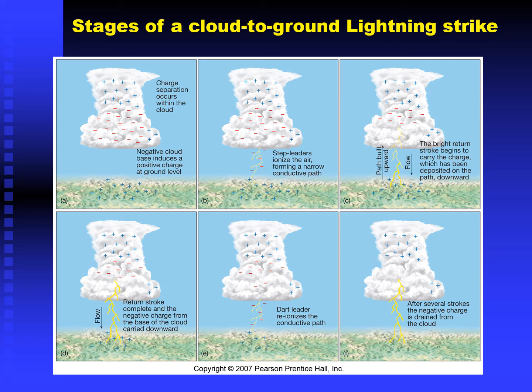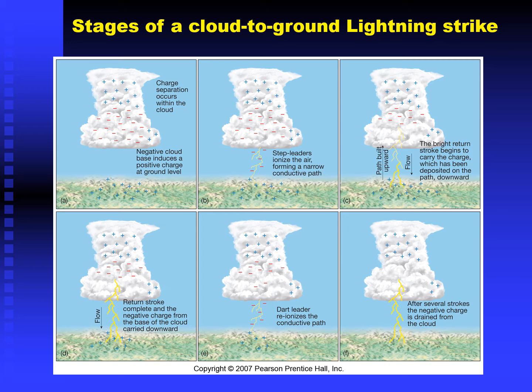Okay, so top left there in your cumulonimbus cloud, the charges tend to separate and you get a lot more negative charges towards the bottom of the cloud, positive charges towards the top of the cloud. And then at the ground, and this is all due to ionization, at the ground you tend to have a lot of positive charges. So notice that you have opposite charges here between the base of the cumulonimbus cloud and the ground, and that's a dangerous situation.